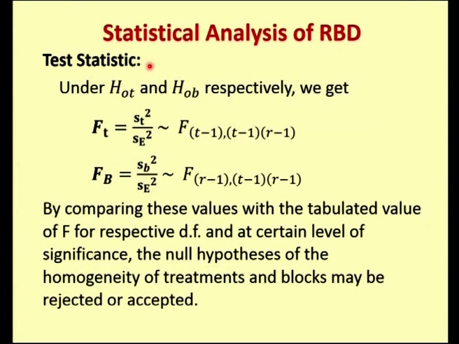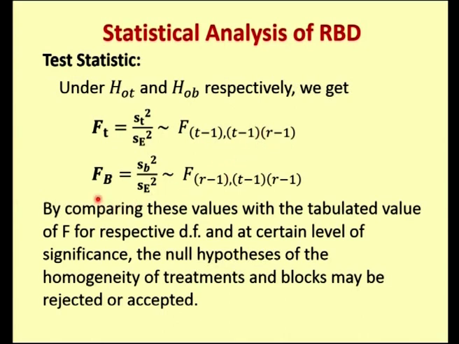And the test statistic under H naught, that is to test whether the blocks are homogeneous or the treatments are homogeneous, we have the test statistic as Ft, which is equal to mean sum of squares due to treatments divided by mean sum of squares due to error, and it follows F distribution with t minus 1 comma (t minus 1) into (r minus 1) degrees of freedom.